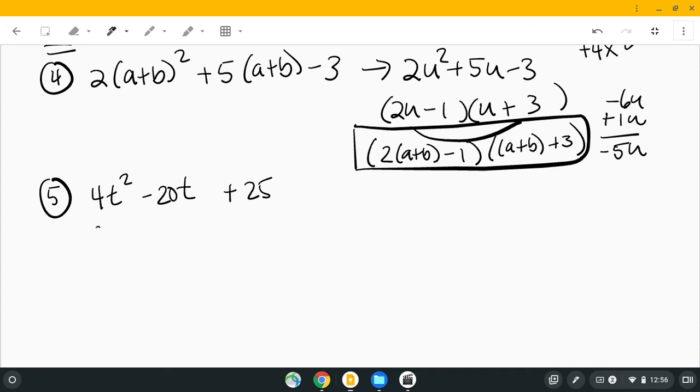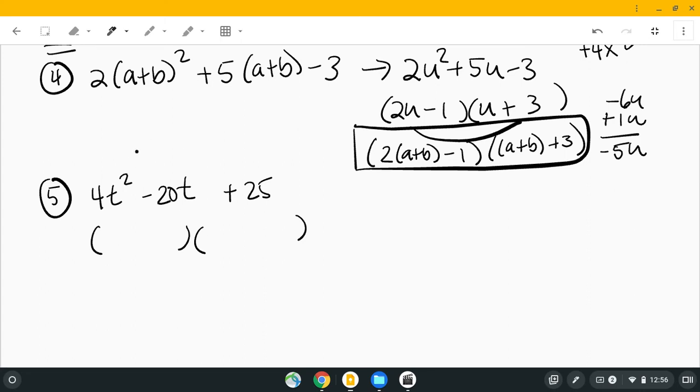Okay, and then over here, this one here, I just want to mention, there are 2 choices to make 4t squared, right? You can do 4 times 1 or 2 times 2.